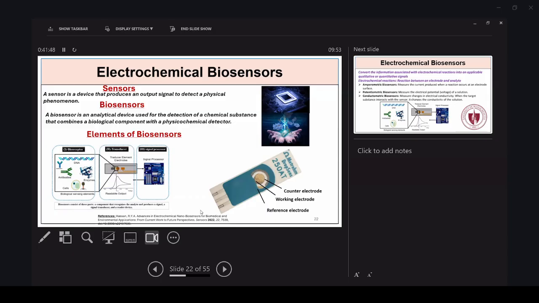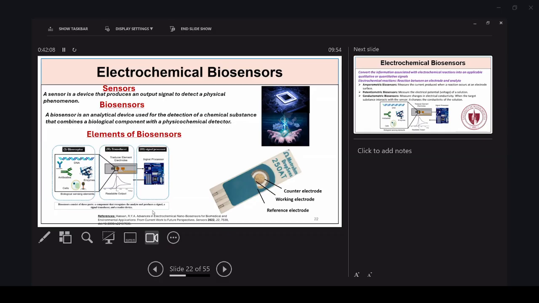That readable output can be of any type. Since we focus on electrochemical, that readable output will be in terms of electrochemical assays and results, and that will be processed with the signal processors. So any biosensor has 3 elements: bioreceptor, transducer, and signal processor.